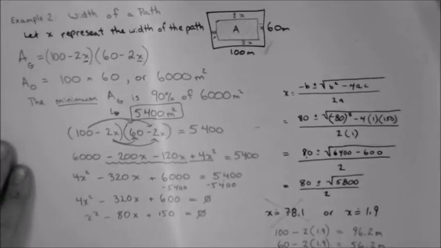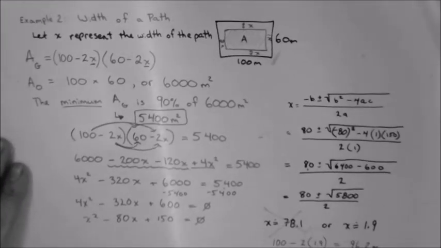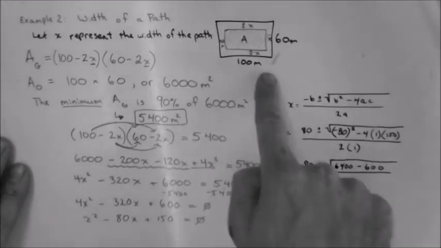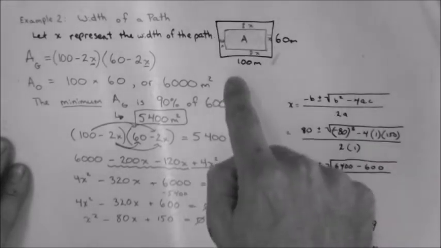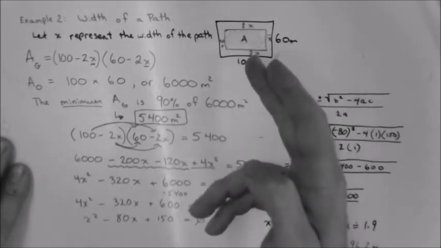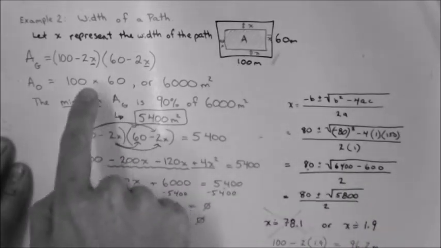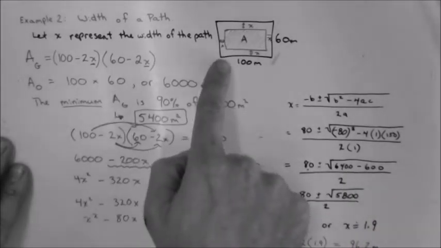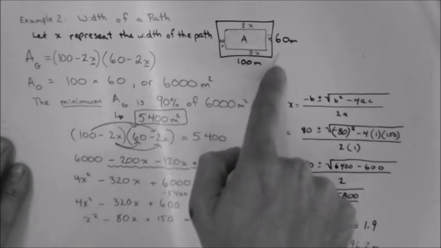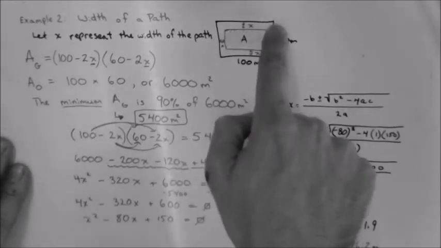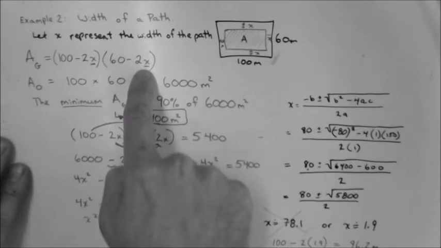Again, running through it so we can remember what we were doing. I started with a diagram of the park, 100 by 60. We kind of arbitrarily drew this grass area to show that the path had a width of x all the way around. So that's going to reduce the width by 2x, and it's going to reduce the depth by 2x.